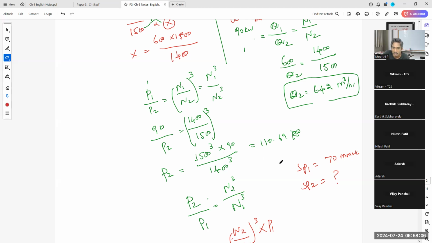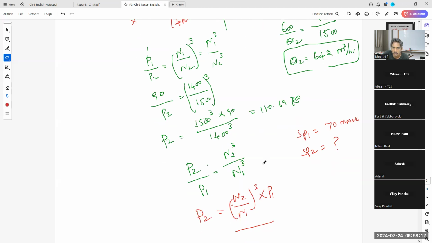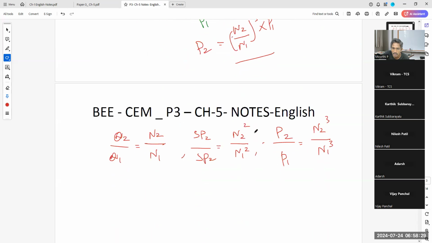Okay, done. How much is the value coming? You always remember, speed increase, value also increases. Speed reduce, value also reduces. If speed increases, the next pressure is greater than 170. What is the value? Tell me quickly.